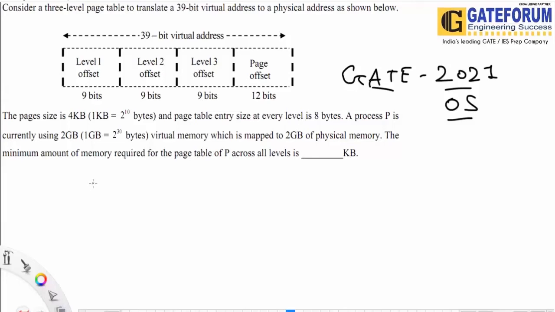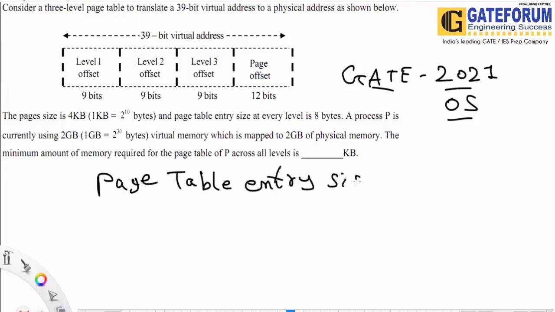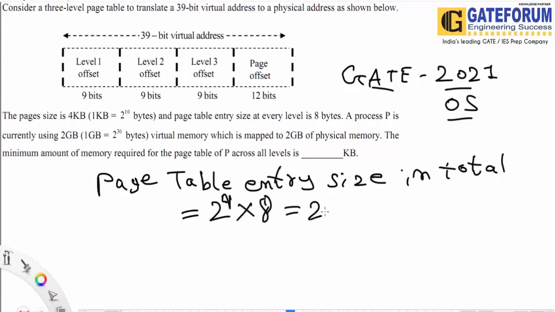Okay, so if you want to find the page table size in total, at every level we have 9 bits, so 2 raised to 9 entries in every table, and per entry we have 8 bytes. So in total, the page table size will be 2 raised to 12 bytes, or you can say 4 KB.